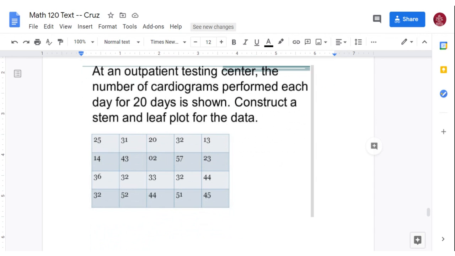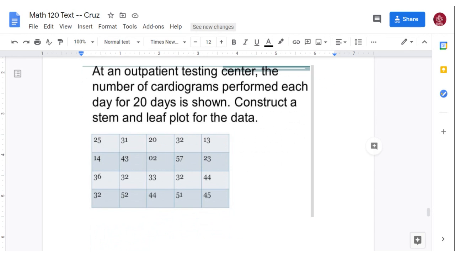So what I'm going to do is put here a 0, 1, 2, 5. So that represents all of the stems, I'm sorry. All right, so that's the line that separates.